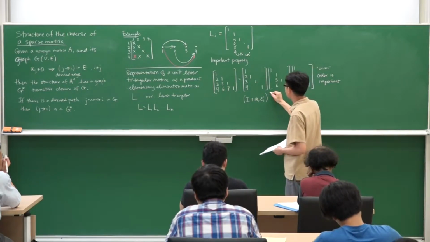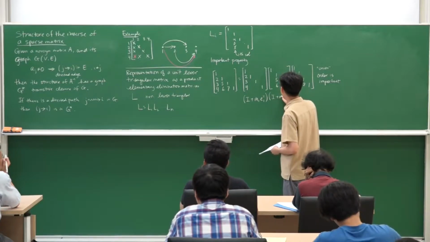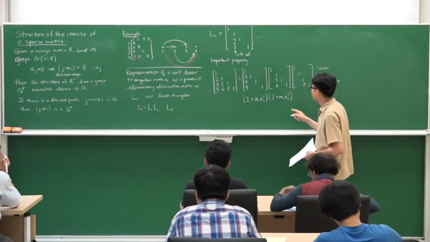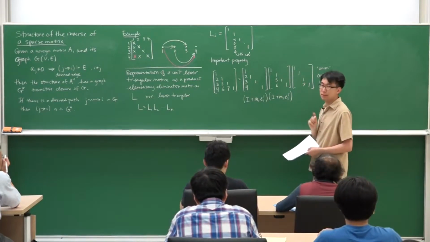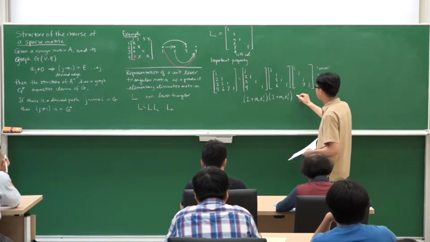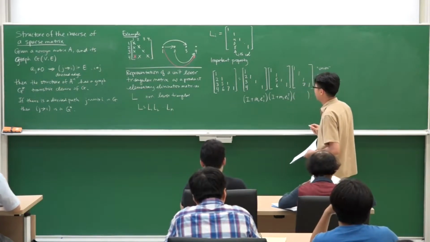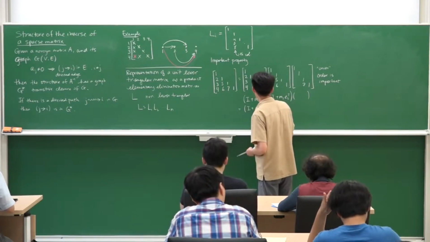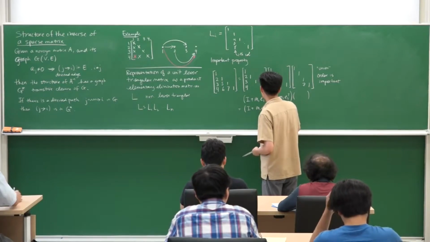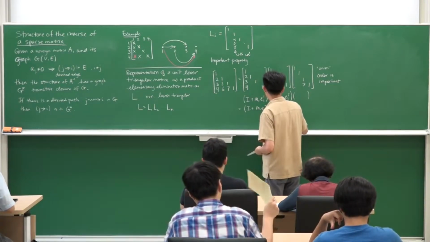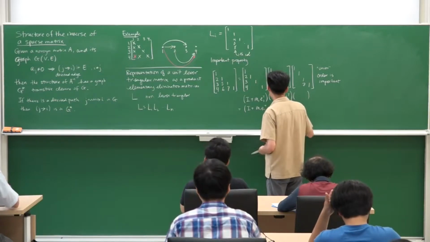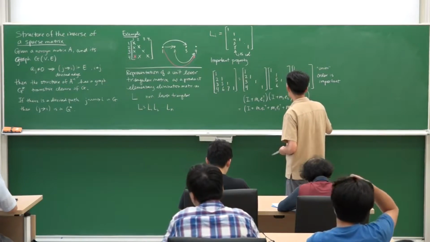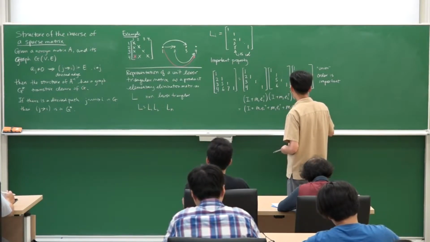And similarly, the second term is identity plus M2 E2 transpose. Okay, and M2 is 0, 0, 5, 6. And then there's a third term, I won't need to draw it. And if you multiply this out, you get identity plus M1 E1 transpose plus M2 E2 transpose plus M1 E1 transpose M2 E2 transpose.